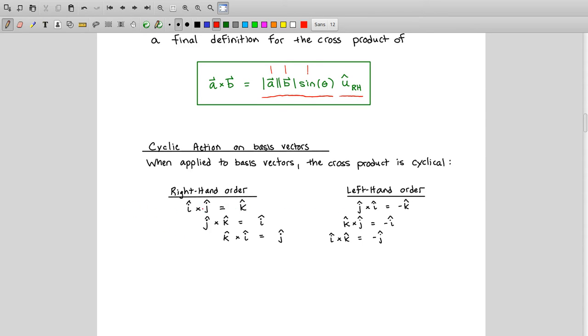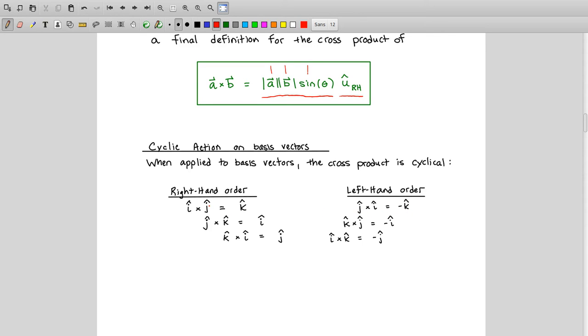When you're moving to the right on that list, when you're taking the cross product of basis vectors in positive or right-handed order, you get the next item in the list. On the other hand, if you take cross products of vectors in the opposite order, you get negative those basis vectors.